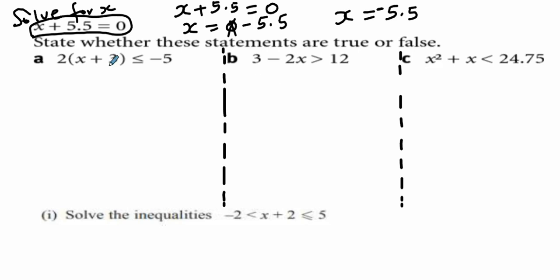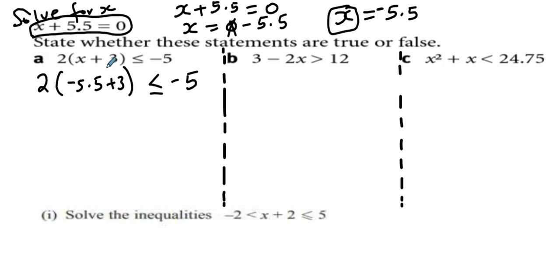So, state whether these statements are true or false. We need to substitute negative 5.5 where there is x. So this will be 2 times negative 5.5, then plus 3. We want to check if the answer will be less than or equal to negative 5.